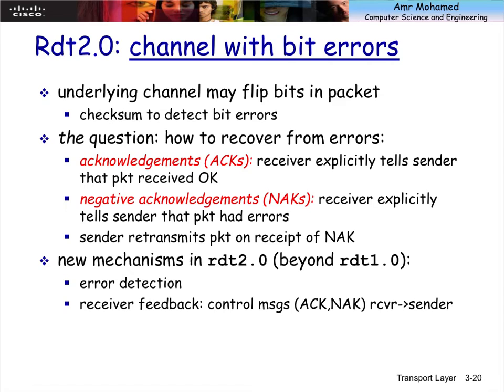If the underlying channel may actually have specific type of error, which is it may actually corrupt the segment, but there's no chance the segment can be lost. Do you understand the difference? Okay? So we have two types of errors.